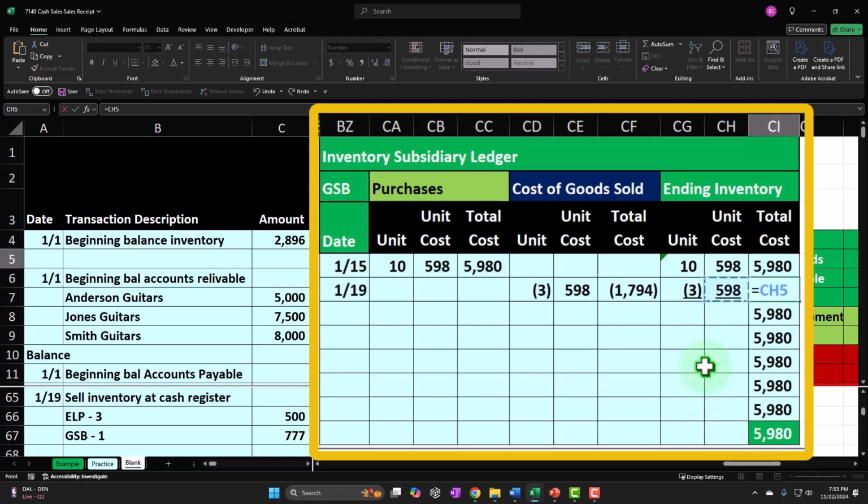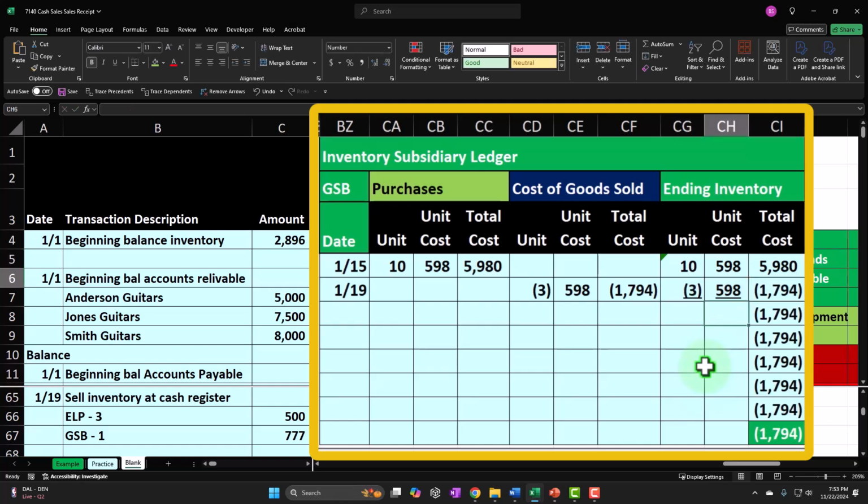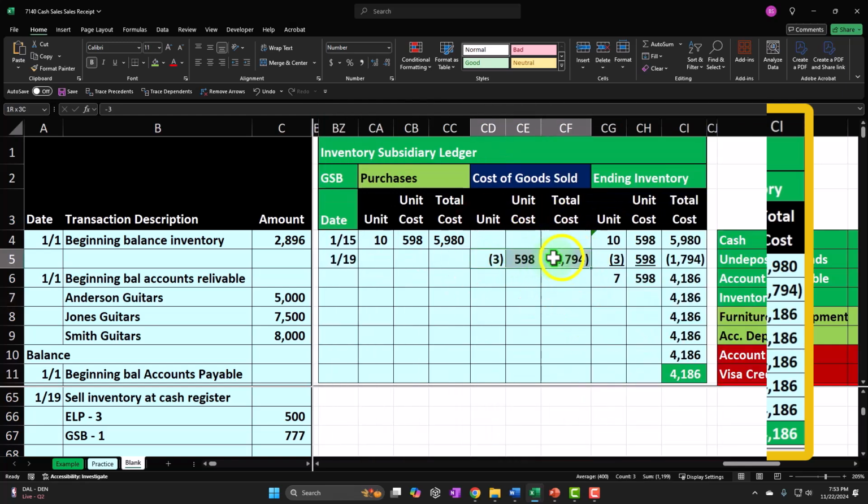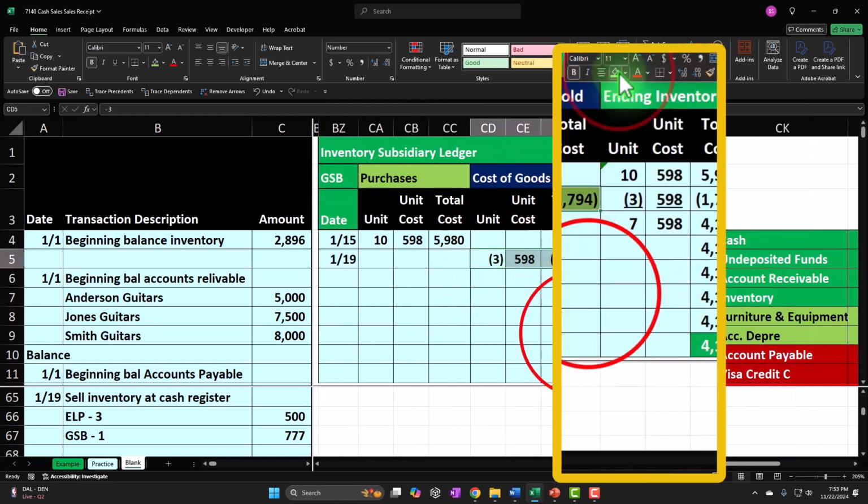This is going to be equal to this times this. That gives us the reduction. And then that leaves us with the sum. 10 minus 3 is 7. They still cost $598. Multiplying that out, 7 times 598, we still have 4,186 here. And let's make this green.